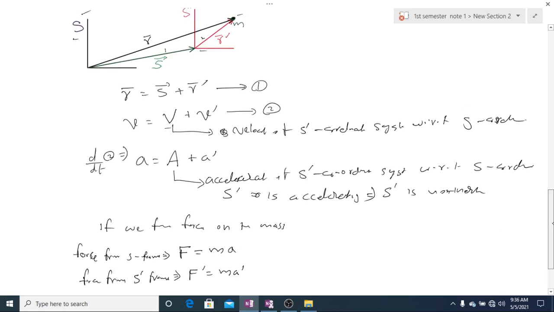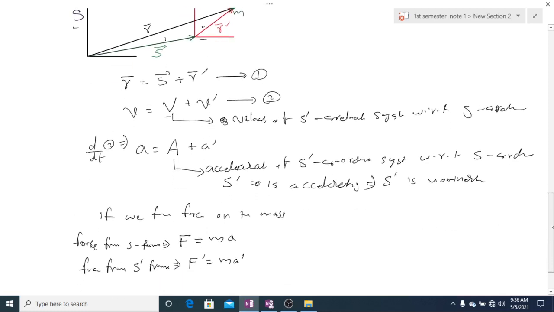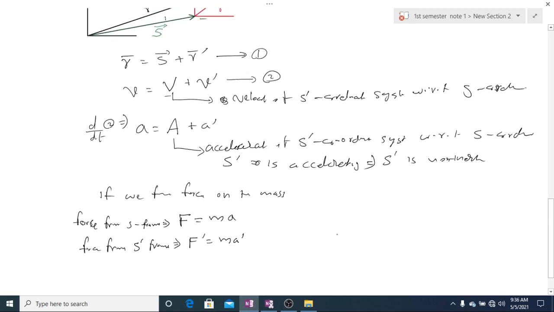Then we can connect, but we already know from the third equation, a is equal to A plus a prime. These all are vectors. We should remember that we are dealing with vectors.